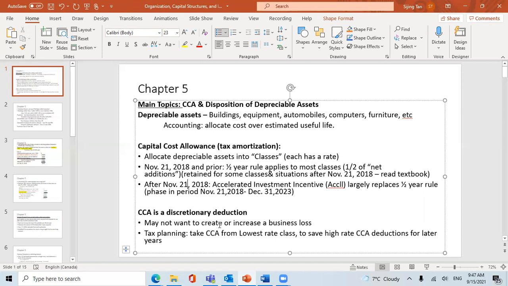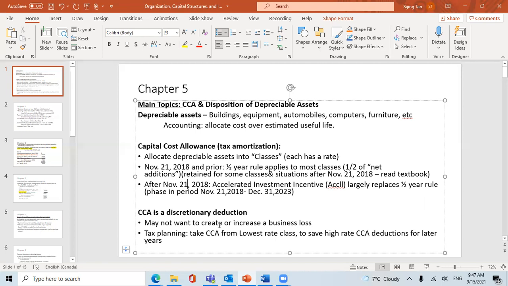CCA is also a discretionary deduction. What does that mean? It means that when the business calculates their max CCA deduction in a specific year, they can deduct from 0 to the max, or any amount in between.